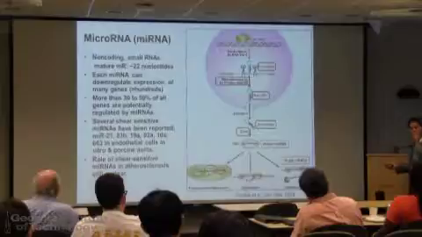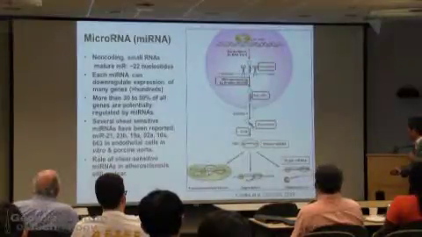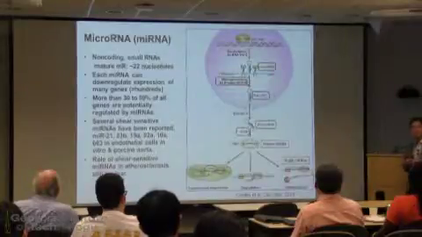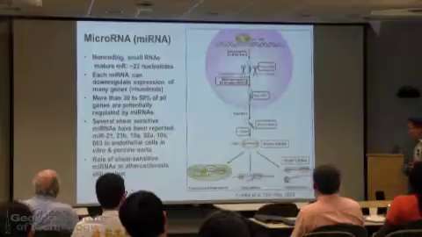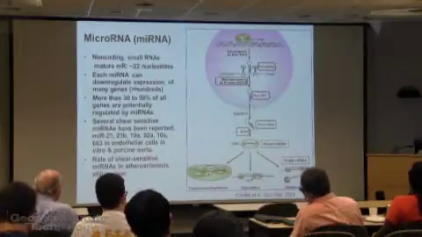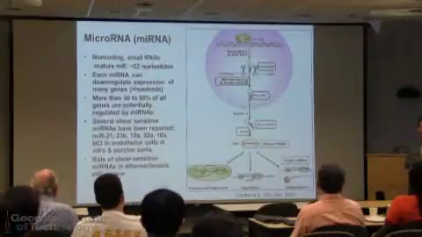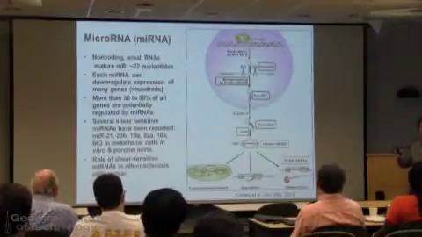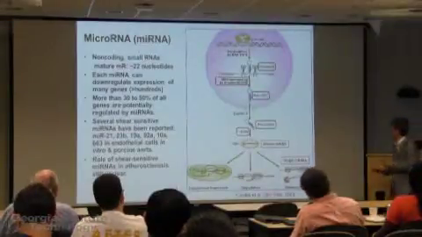Once it binds to specific genes, it degrades them. This is one of the best things that happens. Also, it prevents translation, or sometimes it also induces deadenylation. So all in all, these result in a decrease or degradation of specific gene targets.